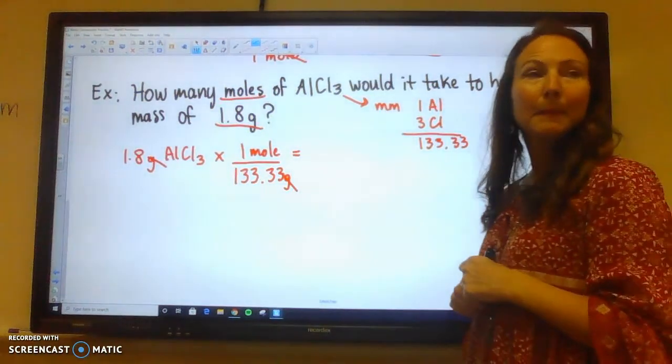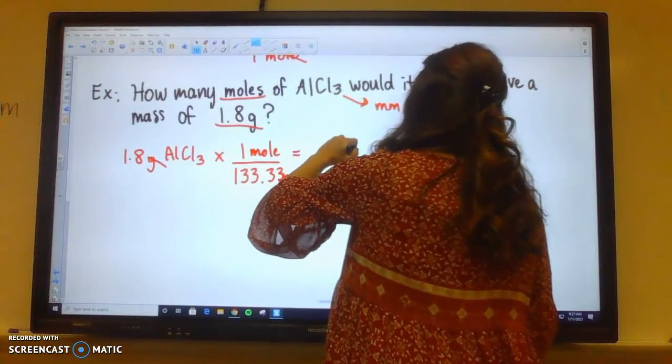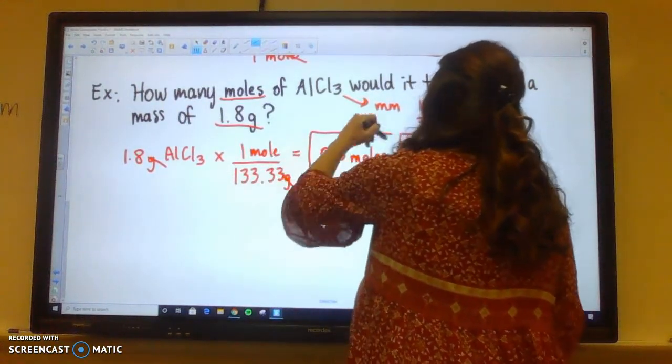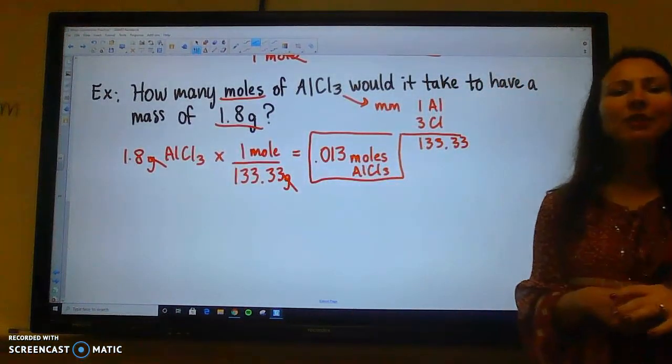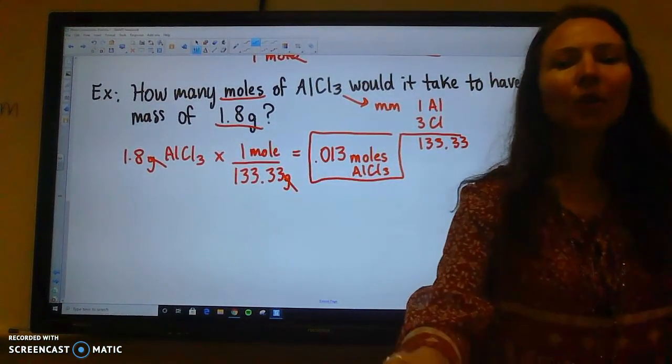What do you get? 0.013, and that's moles of aluminum chloride. Okay, so that's pretty much any scenario that you're going to see, and then you're going to work on practice.